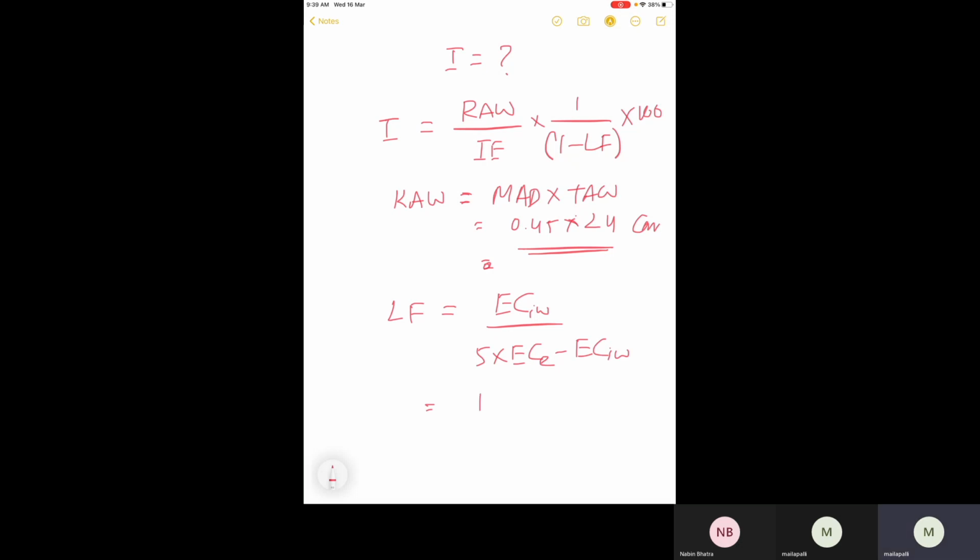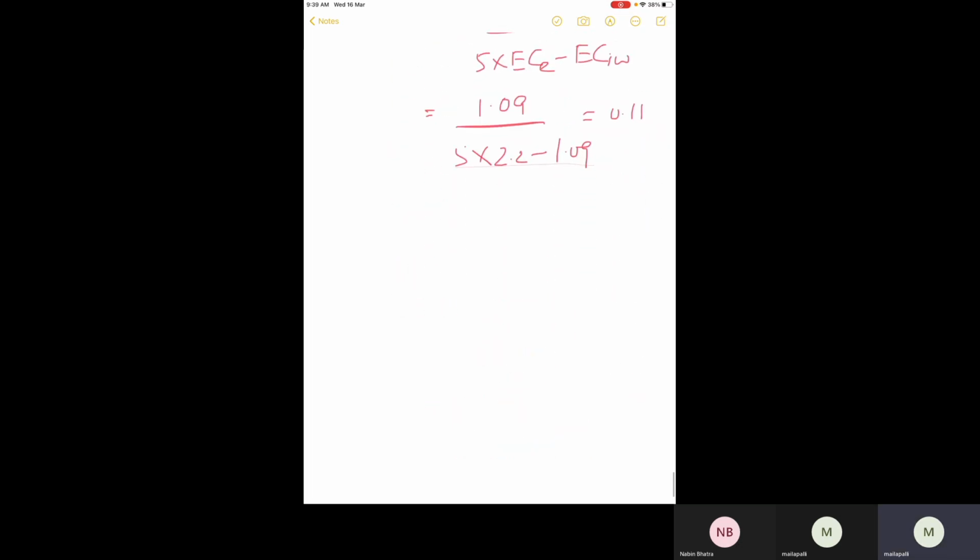Now 1.09 divided by 5 times ECe, which is 2.2, minus 1.09, which is equal to 0.11. That's the leaching fraction. So knowing the leaching fraction, RAW and IE, you can substitute in the equation and find out capital I.